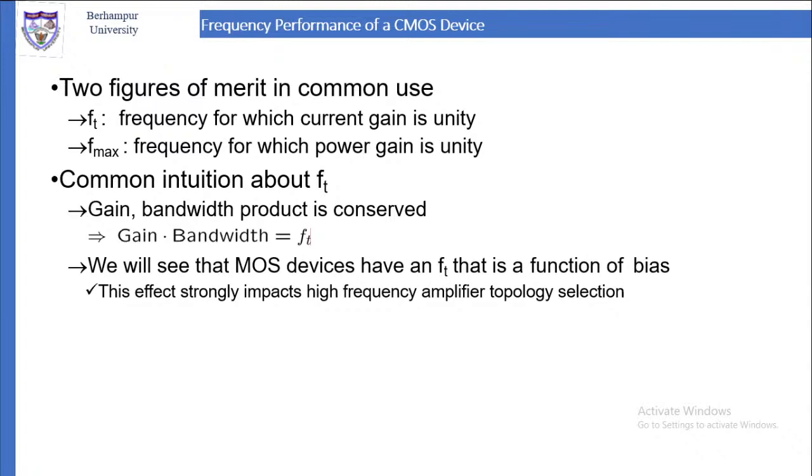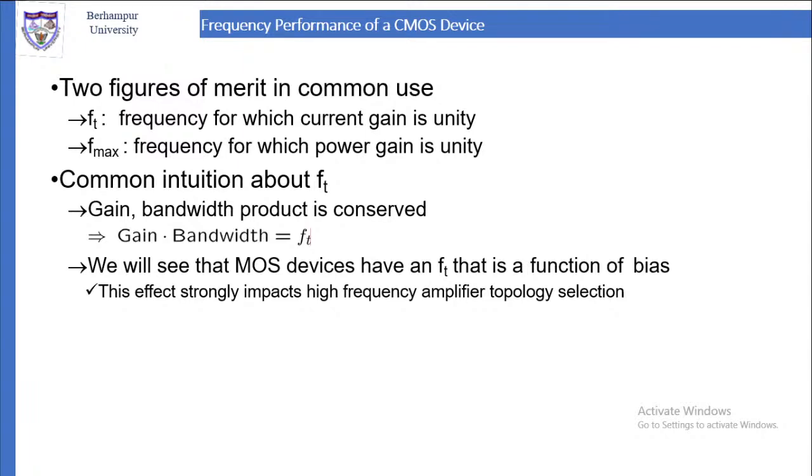Then we will consider the frequency performance of a CMOS device. For a CMOS device, two common figures of merit are used. One is the frequency for which current gain is unity, so you get unity current gain. That is called FT.